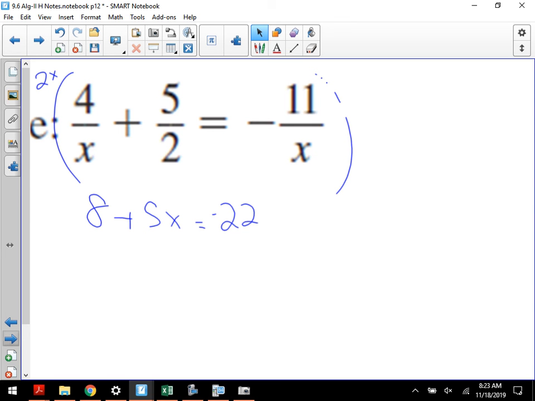You're multiplying by what it needs. So you wind up with 5x is negative 30. You get negative 6.